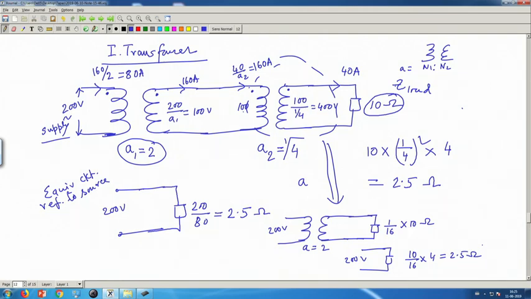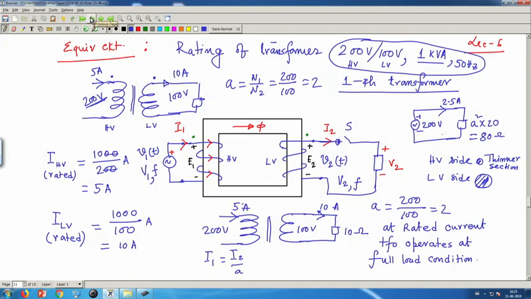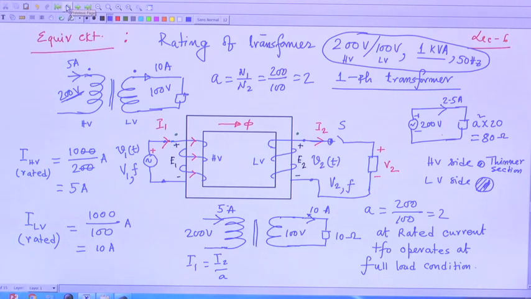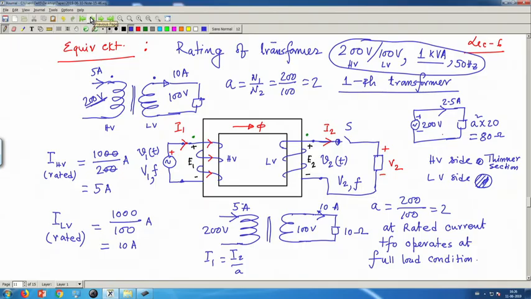Therefore, so far what I have done is this one, that a rating of a transformer, this is very important, KVA remains same on both primary and secondary, and then LV side current will be very large. Therefore, cross sectional area of the wire with which you make this LV winding will be larger compared to the cross sectional area of the wire of the HV side.